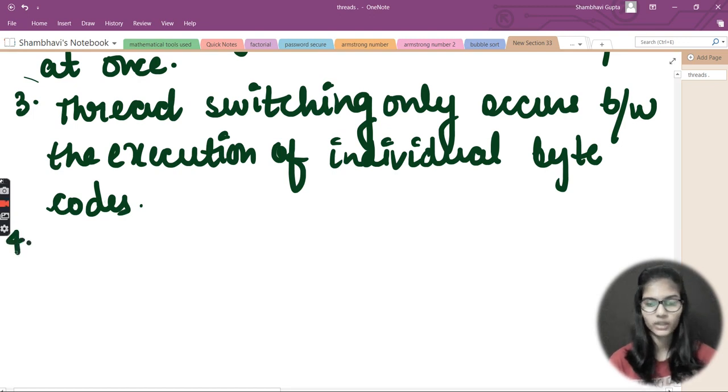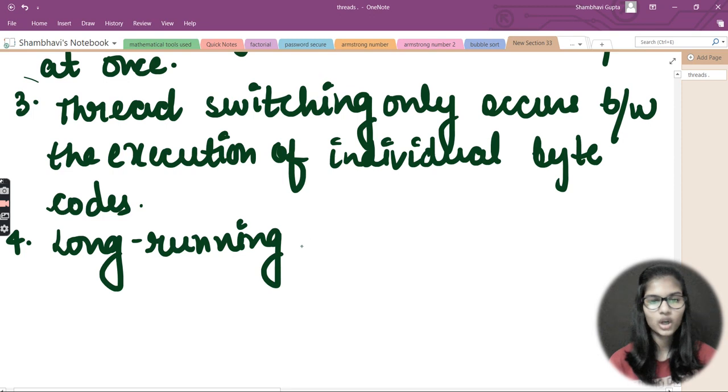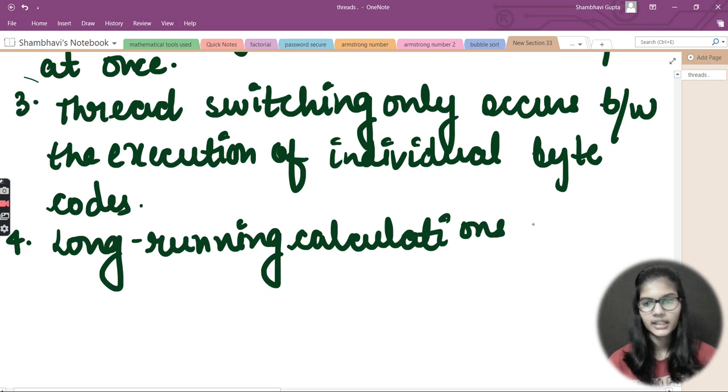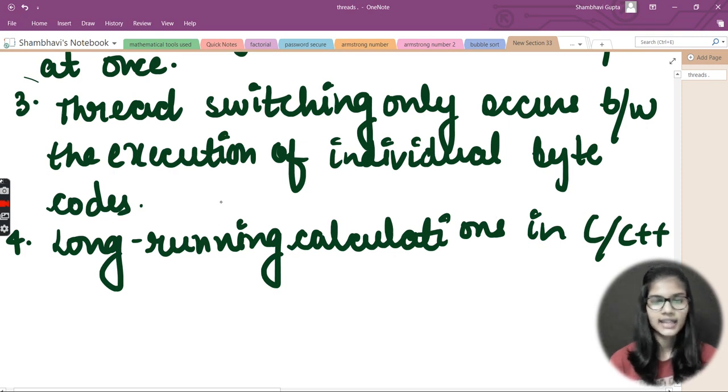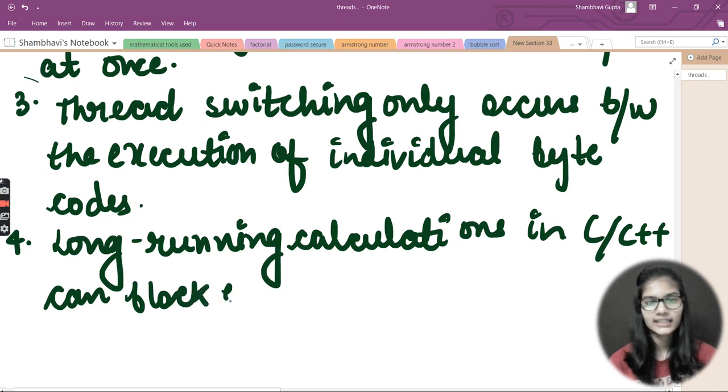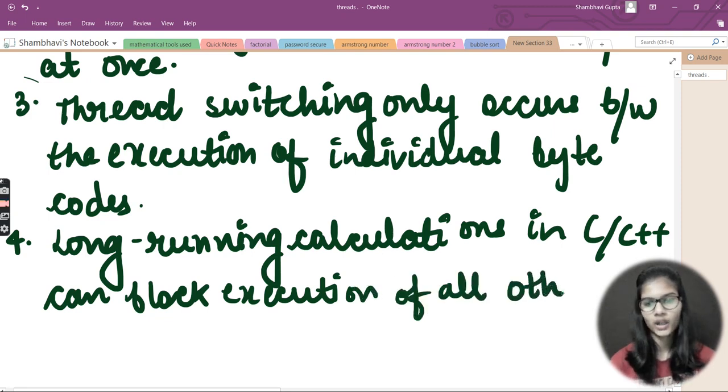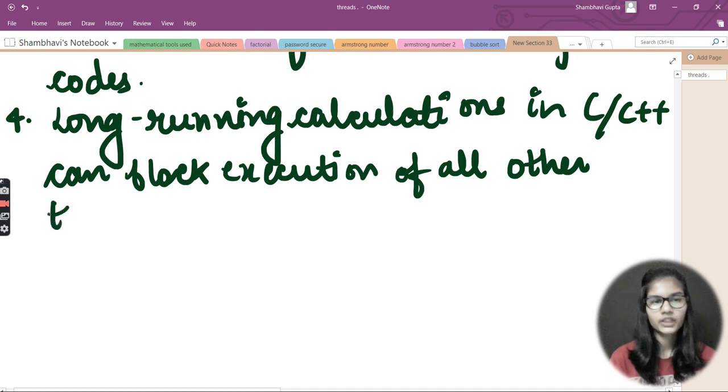Let's move towards the fourth one for now, and I would write that long running calculations in C and C++ can block the execution of all other threads, right?